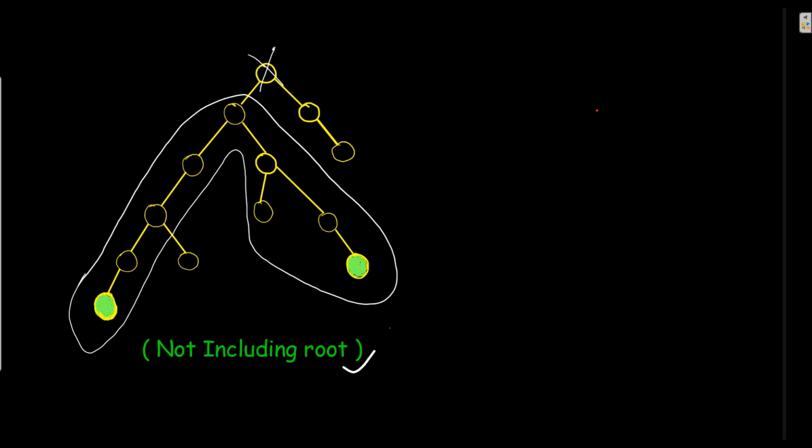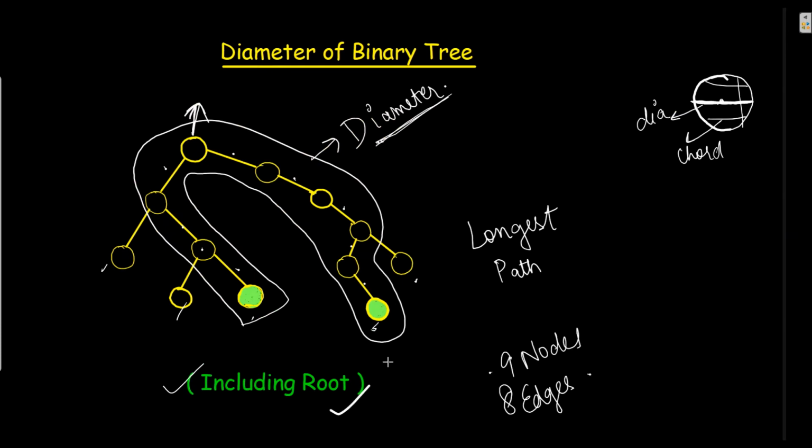Here this is the longest path, which has 1, 2, 3, 4, 5, 6, 7 edges. So here we need to calculate each and every way through which we can get the longest path. So we'll be discussing both cases.